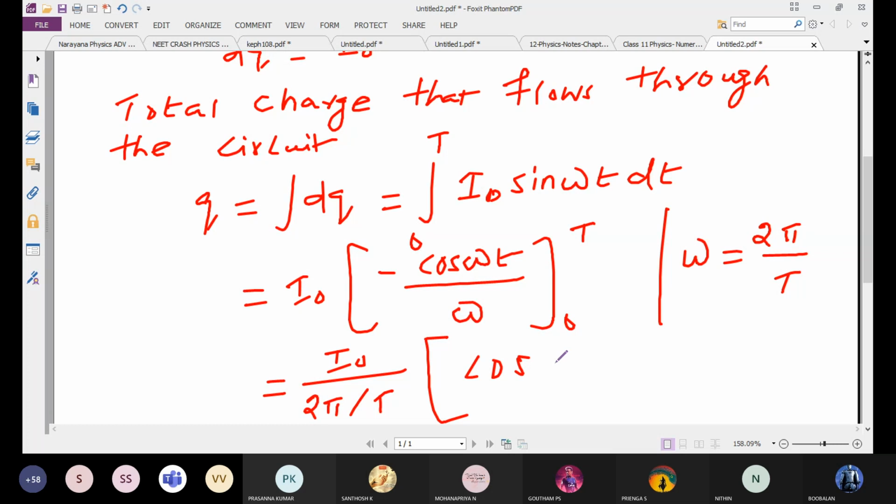That is 2 pi by capital T into small t. The limit values are 0 and capital T.